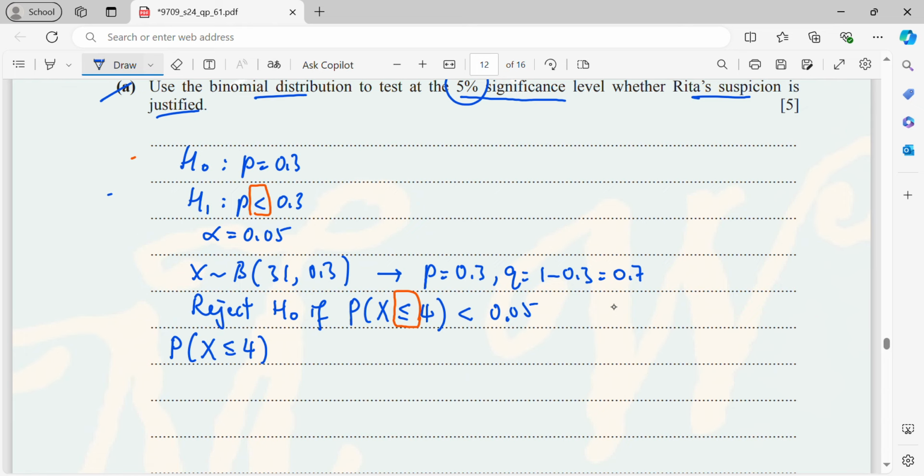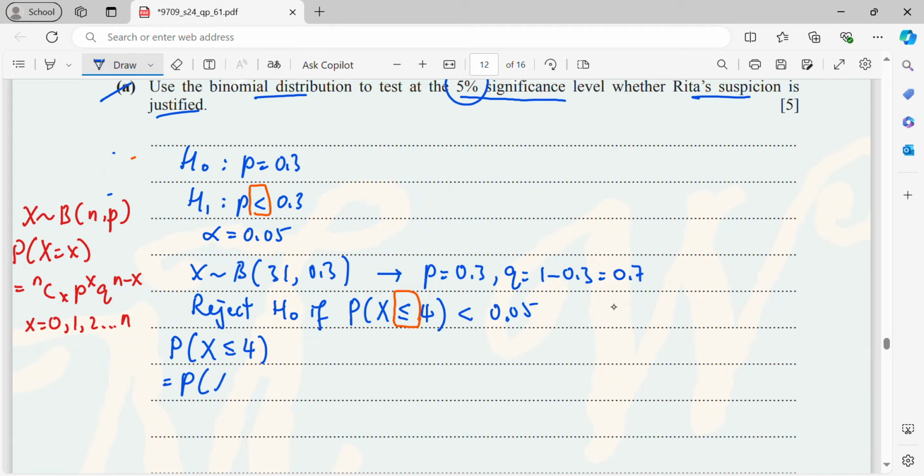So for binomial distribution, the probability equals nCx, p to the x, q to the n minus x, where x starts from 0 until n. So now X less than or equal to 4 means that it will be 0 to 4 for the X values. So you need to calculate all these probabilities.